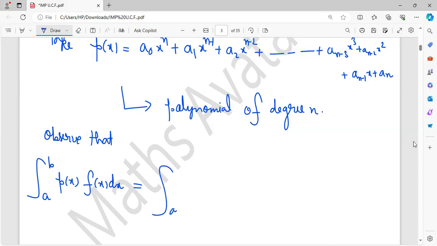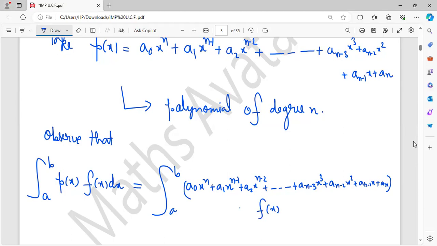So from a to b, you put this polynomial a0 x to the power n plus a1 x to the power n minus 1 plus a2 x to the power n minus 2, a(n-3) x cube plus a(n-2) x square plus a(n-1) x plus a(n), and f(x) is here, dx.